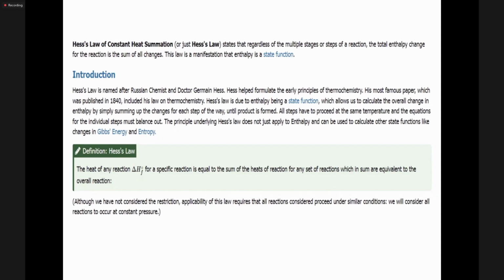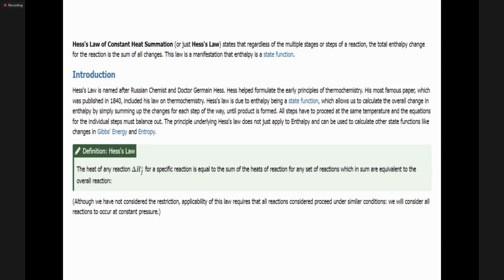So in the introductory part, I will tell that Hess's law is named after a Russian chemist and doctor whose name is Germain Hess. Under his name, the law is popularized as Hess's law. Hess helped formulate many principles of thermochemistry. His most popular paper, published in 1840, was on his law of thermochemistry.